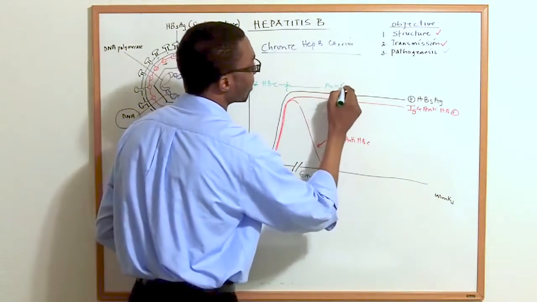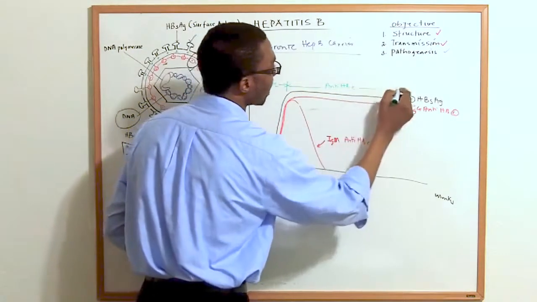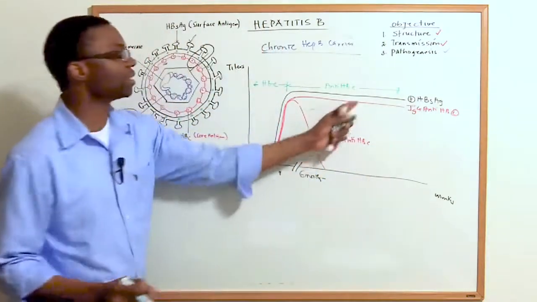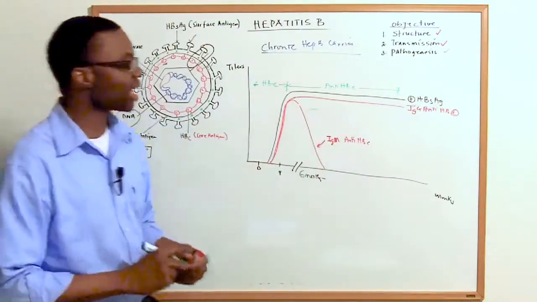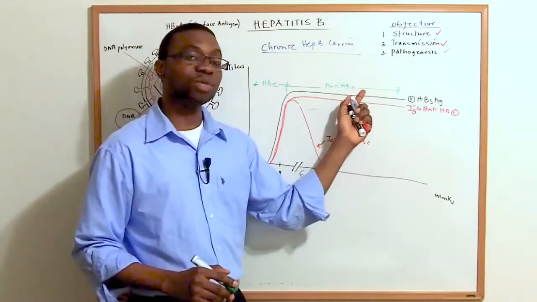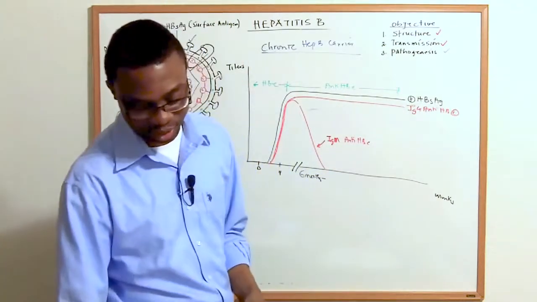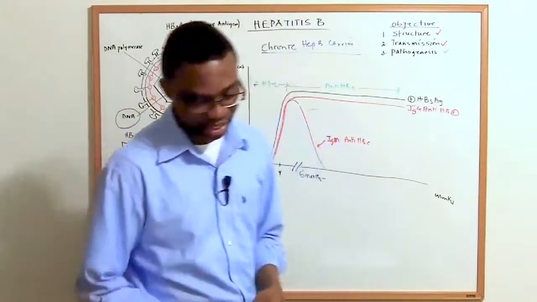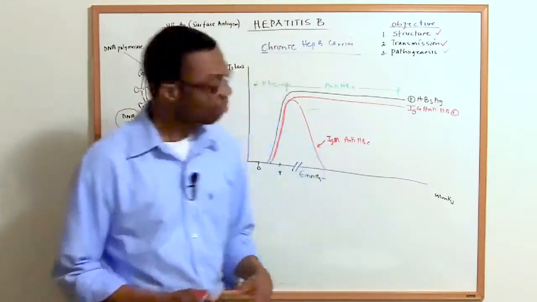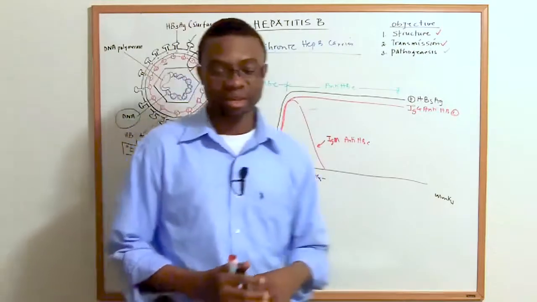They might even make antibodies against the early antigen. But remember, this is not enough to make you immune to the virus. The problem is the surface antigen is still positive, and they're going to be chronic carriers of hepatitis B virus.